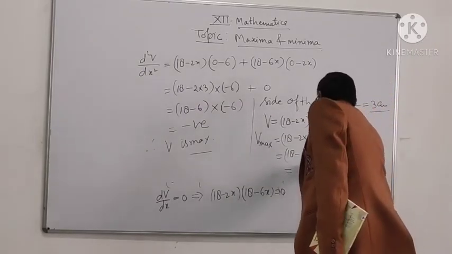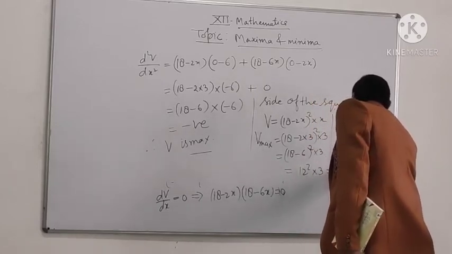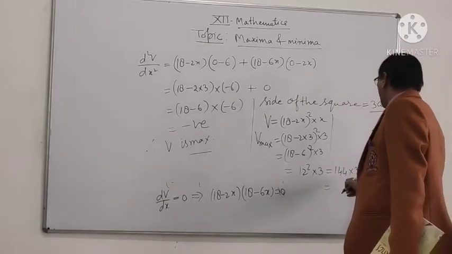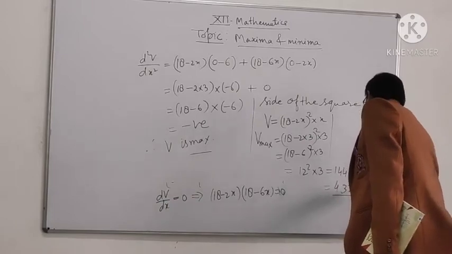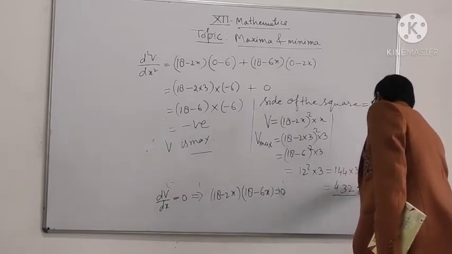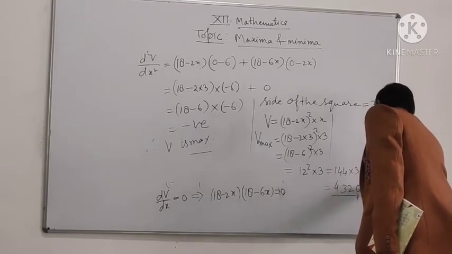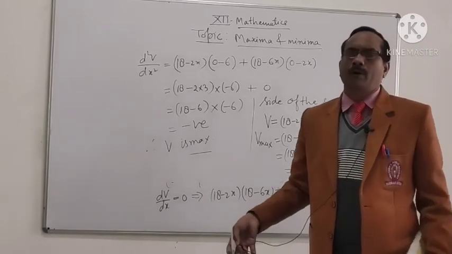So 12 square into 3. It is 144 into 3. 3 4s are 12, carry 1. 3 4s are 12 and 1, 13, carry 1. So maximum volume is 432 centimeter cube. It is the maximum volume of the open box.